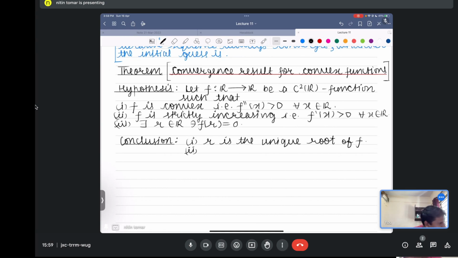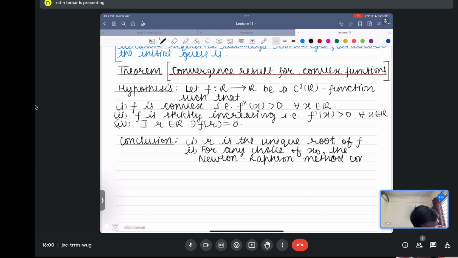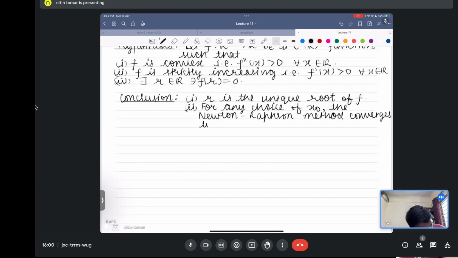Secondly, for any choice of x naught, the Newton-Raphson method converges to R actually.